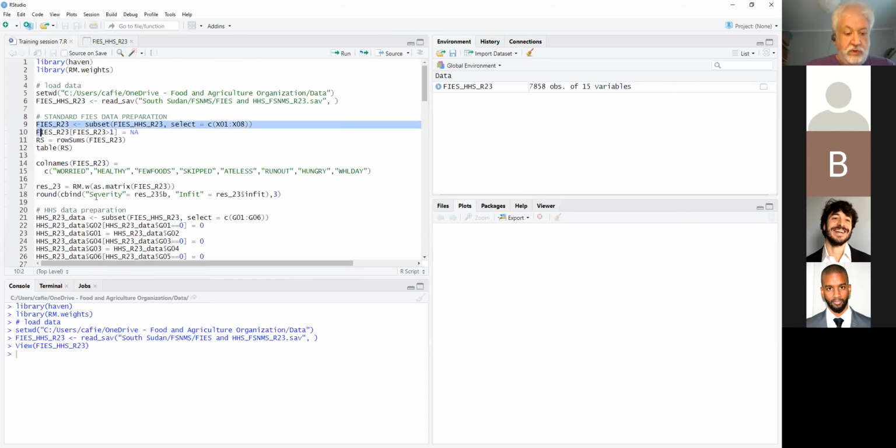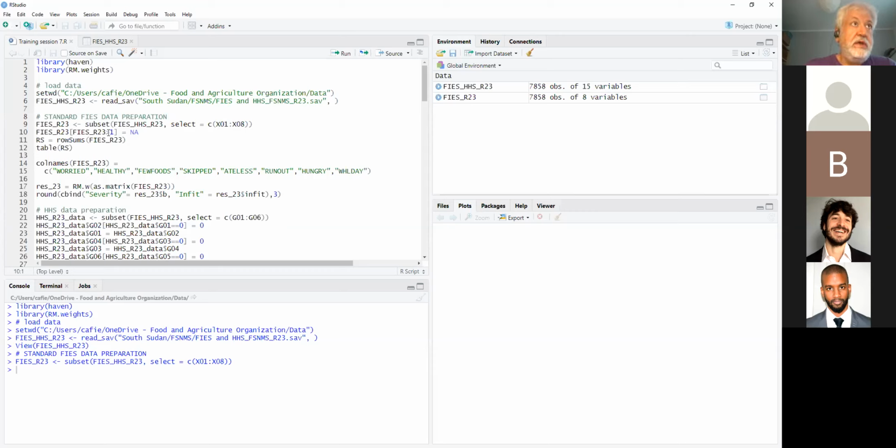We can start by selecting the FIES scale, which is achieved by subsetting the columns from X01 to X08. Then, because of the way in which the data have been coded, every time the response is neither 0 nor 1, we must set it as missing.